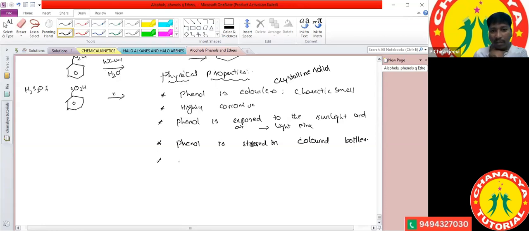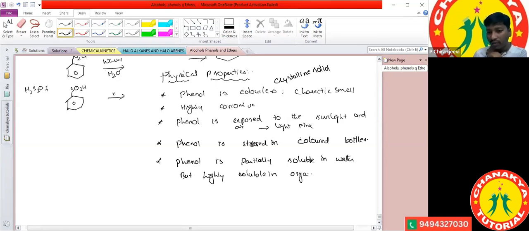Phenol is partially soluble in water because it forms hydrogen bonds. That's why it is partially soluble in water, but highly soluble in organic solvents.